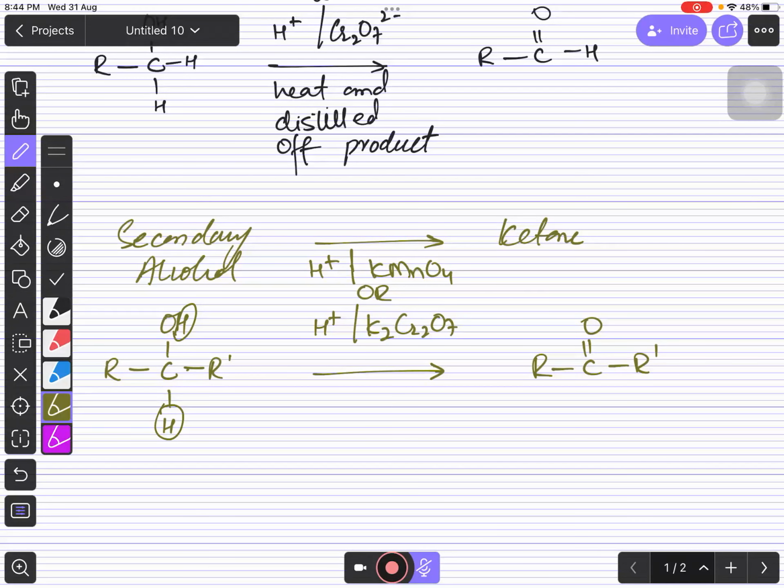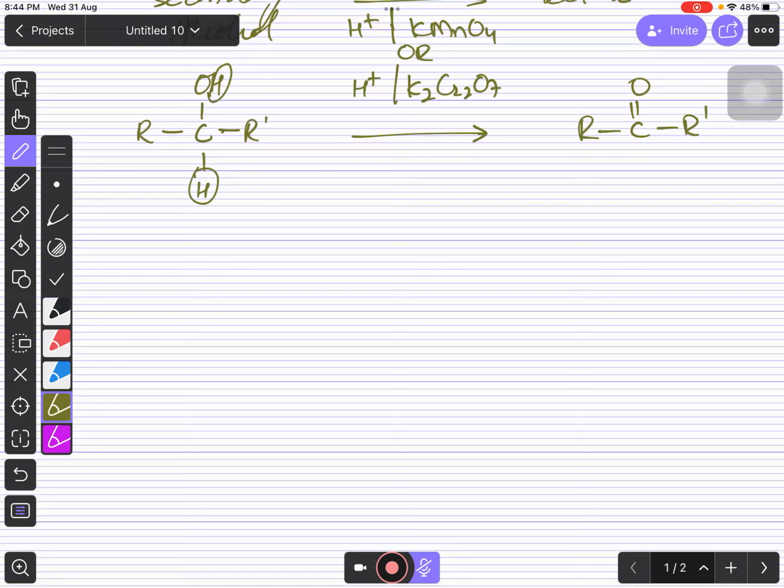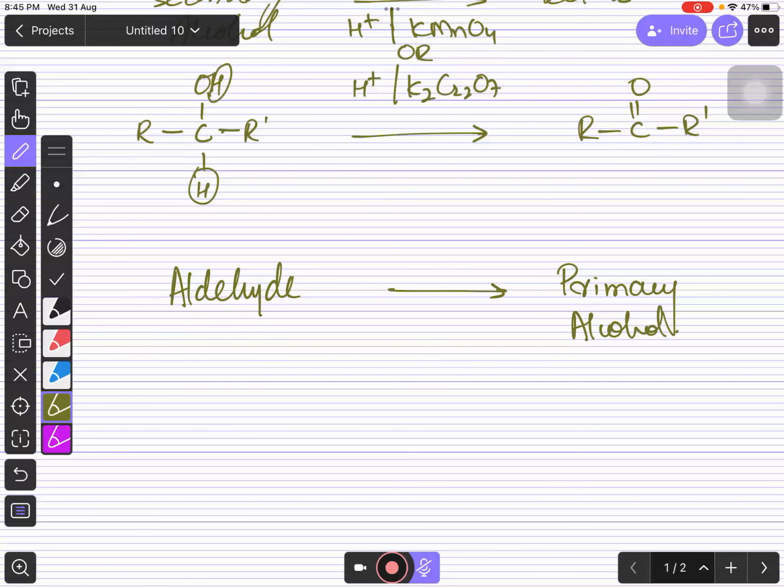Okay, then the next thing is also known by you guys, and that is reduction. For example, if you have an aldehyde, you can reduce the aldehyde back to the primary alcohol.